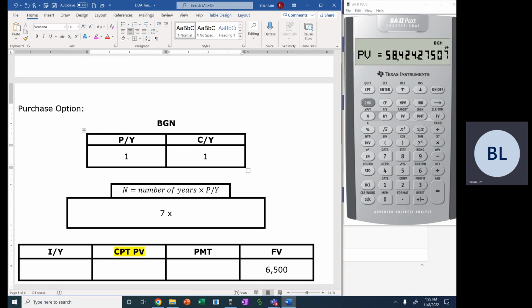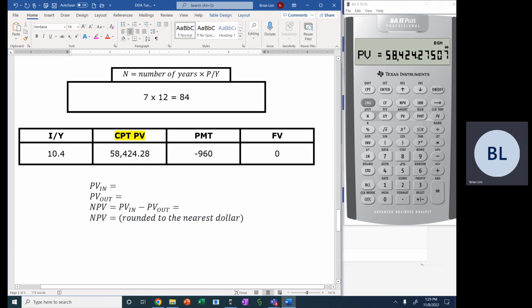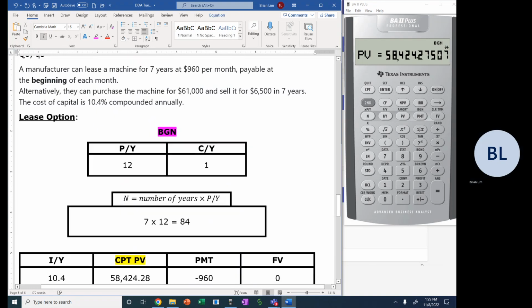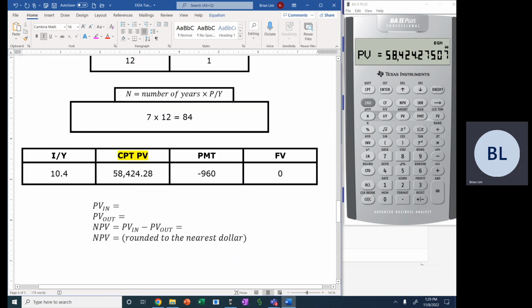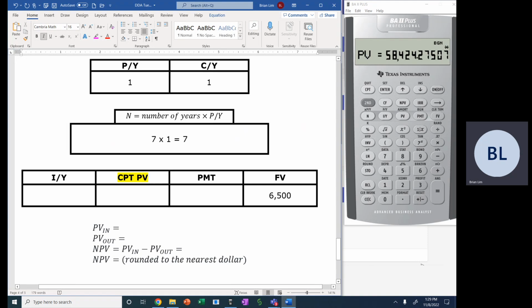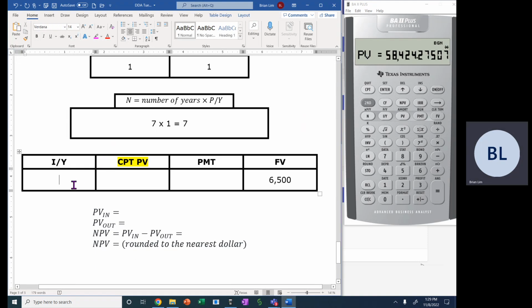So PY and CY will be the same. And this would be 7 times 1, which would be, sorry, equal to 7. Okay, and now the interest is the same, 10.4, correct? Yes. And that is compounded annually. So that is 10.4, and there's no payment.